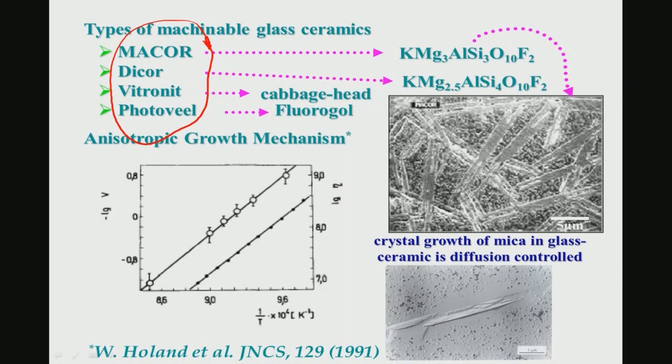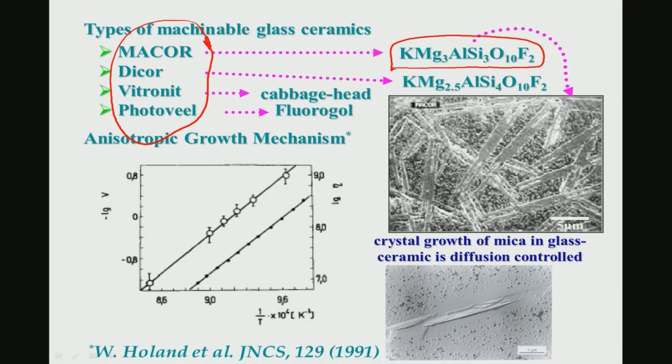Now, all these glass ceramics can be distinguished from one another by two things. One is the composition of the crystals or ceramic phase that is forming, and second, the morphology of the ceramic crystals present in the glass matrix. Why am I stressing so much on the morphology of the ceramic crystals?